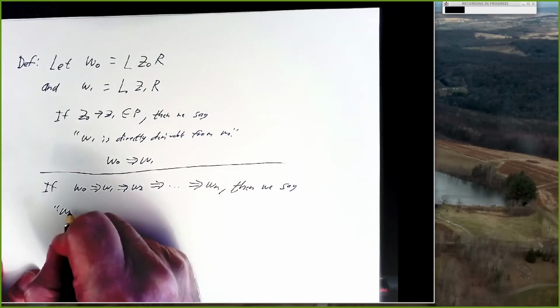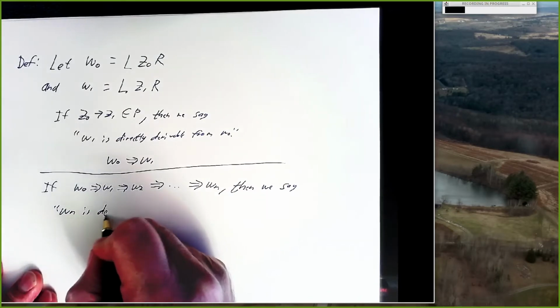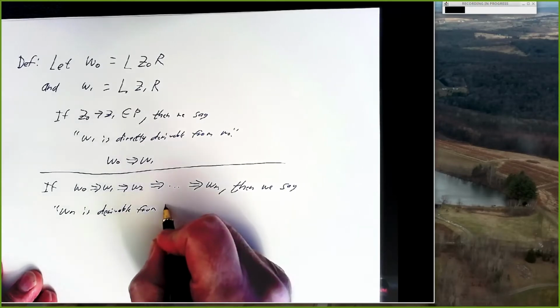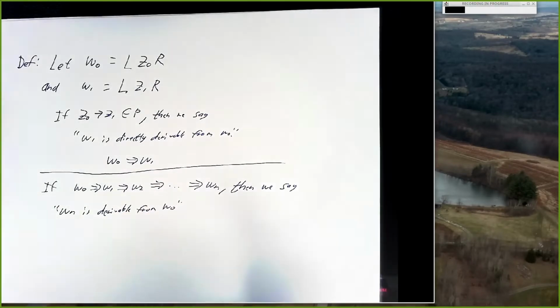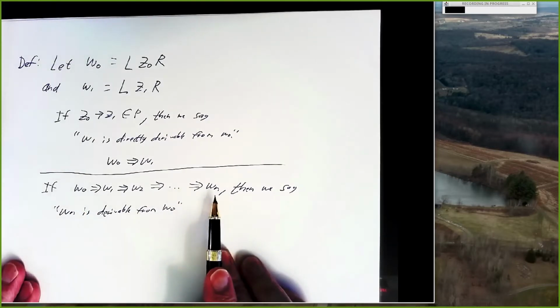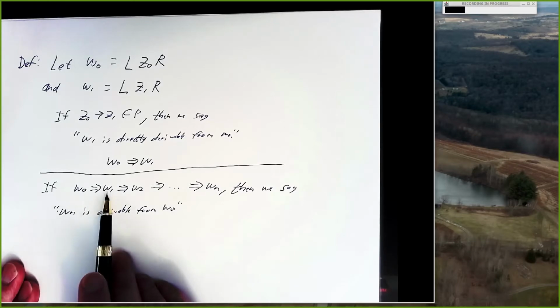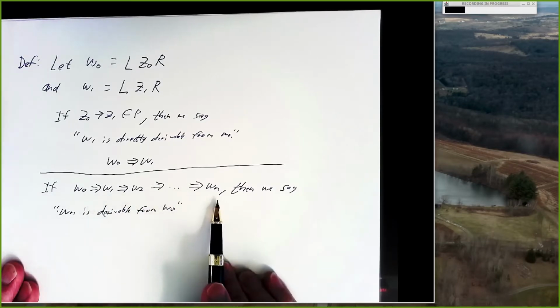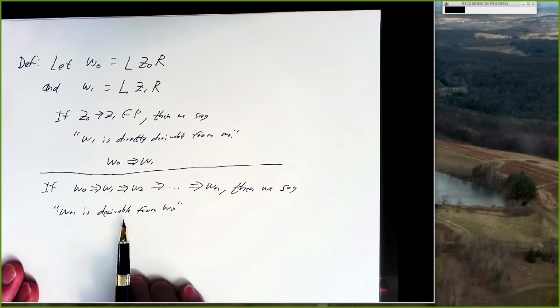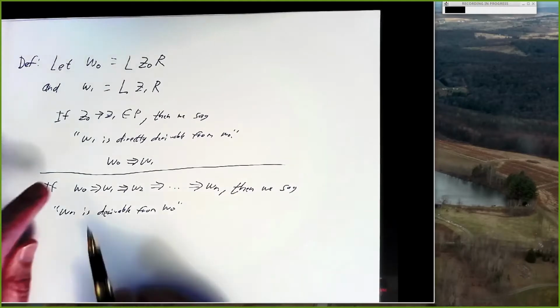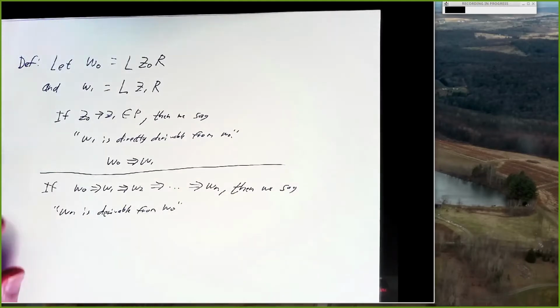We can say Wn is derivable from W0. So it's not directly derivable. There's no one production rule that goes from W0 to Wn. But there's a rule from W0 to W1, there's another rule from there to W2, and so on, and eventually there's a rule that gets us to Wn. So Wn is derivable from W0 means there's a sequence of production rules that will let us start with W0 and eventually get to Wn.